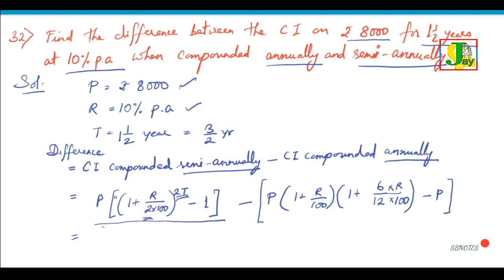That is not the compound interest but the amount, only P into this part. Here the compound interest formula is the amount formula minus principal. Now here it is 1.5 years, and if we compound annually, so for the first 1 year, power 1 we do not write, 1 plus R by 100, and for the next 6 months that remain, 6 by 12 into R.